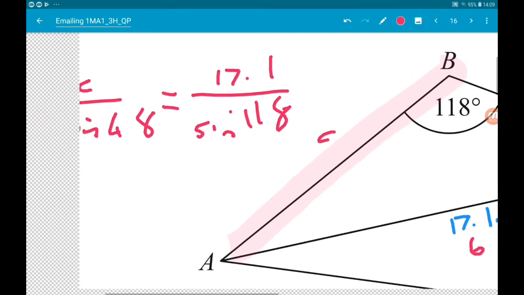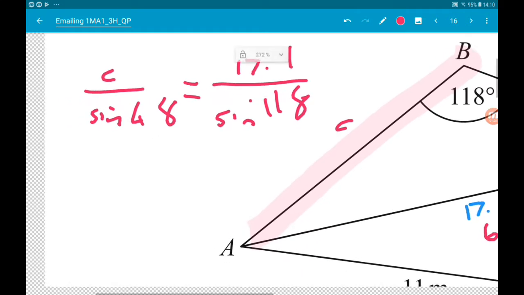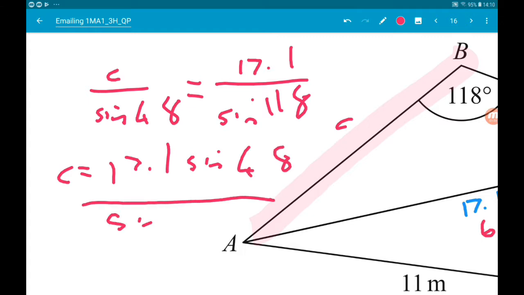So if we multiply through by sine 48, we get c is 17.1 sine 48 over sine 118.